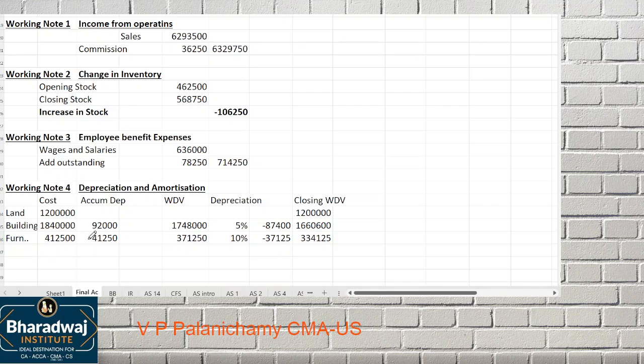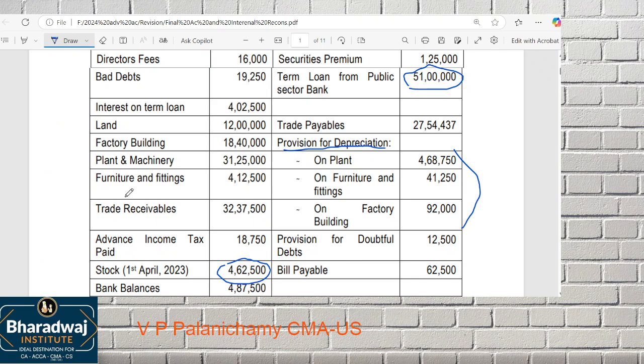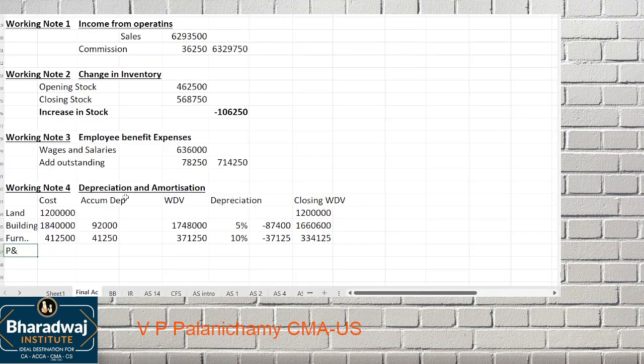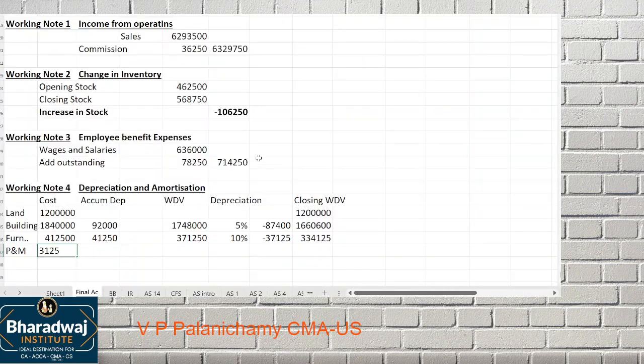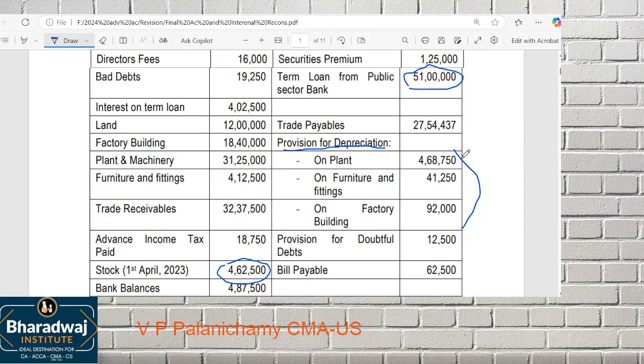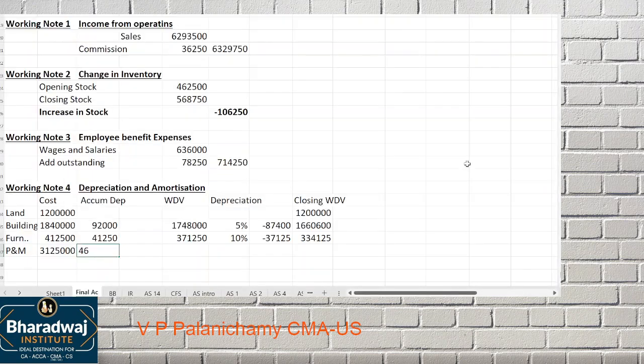What is the next asset? Plant and machinery. What is the original cost of the asset? Accumulated depreciation already given. What is the rate of depreciation for this asset? 10%. You will get the closing balance.